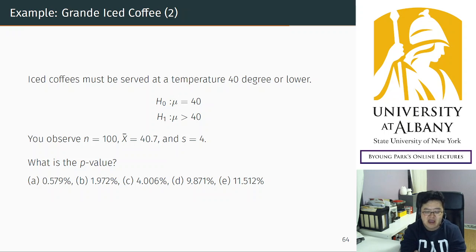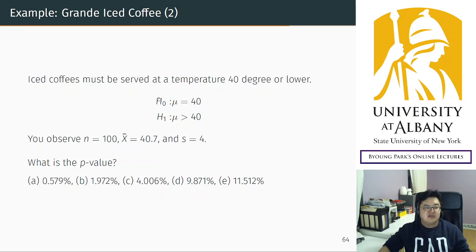So now you are going to punish Starbucks if the temperature is too high. So iced coffee higher than 40 degrees is not cold enough, so you punish them. Just a made up example. Of course, it doesn't make any sense in reality. I just wanted to give you an upper tail test example.